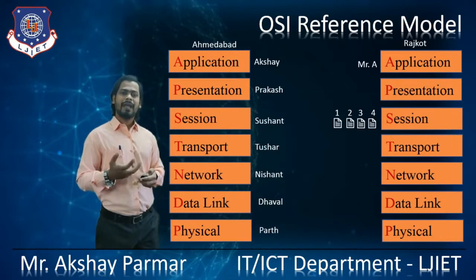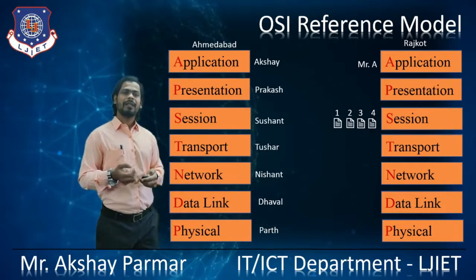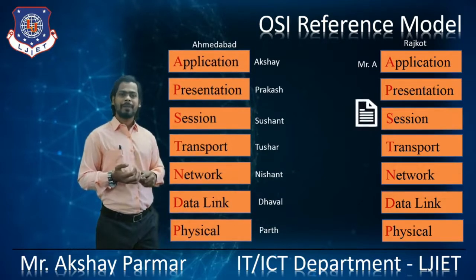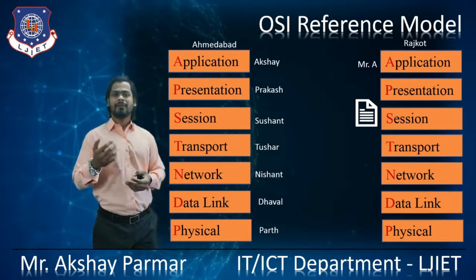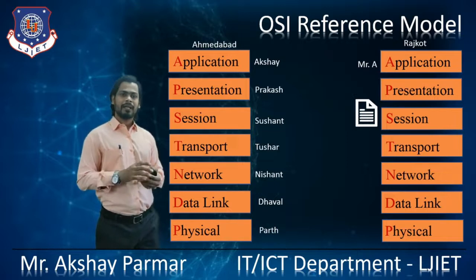After that, Mr. S will combine all the documents in sequence, from the first 100 pages. After that, he will put the second 100 pages, after that the third 100 pages and the last 100 pages, right? This is how the actual data sent by Mr. A is collected, right?